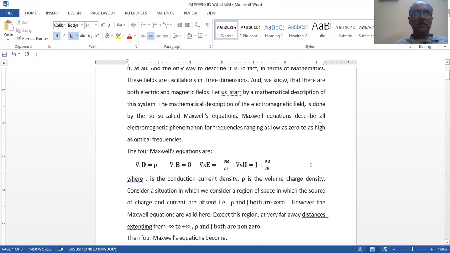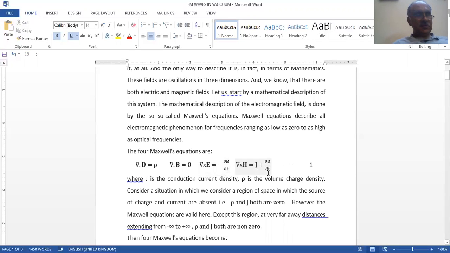One is Faraday's law, which shows that a time-varying magnetic flux gives rise to an electric field, and the other is the modified Ampere's law, which shows that there are two components of current density which give rise to a magnetic field. One is the free conduction current density and the other is the displacement current density.